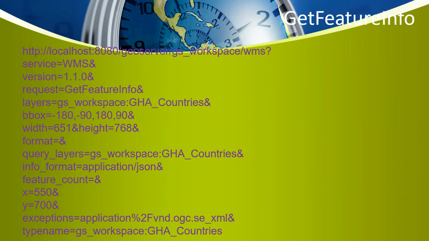If you look, in this case the width is 651, the X is 550, the Y is 700, and the height is 768. That is what they should not go beyond. Otherwise you'll be requesting a pixel that is not in the map, somewhere in infinity, out of the map. Then we have exceptions.